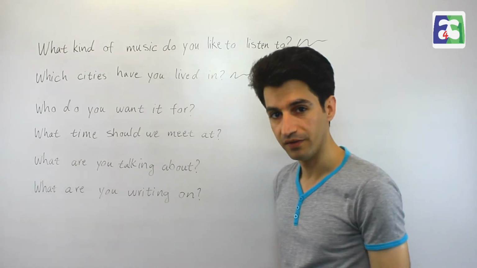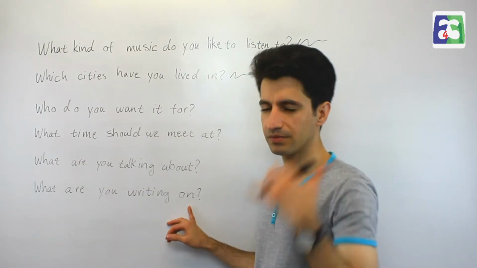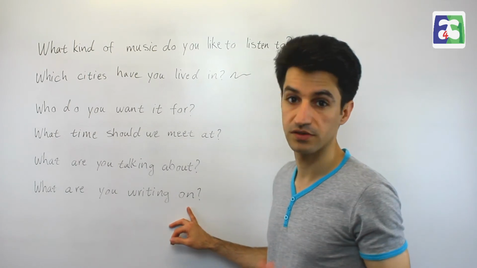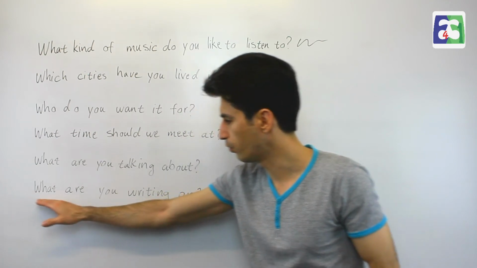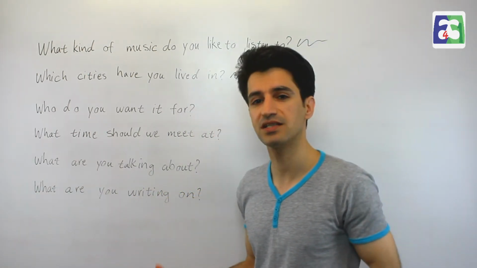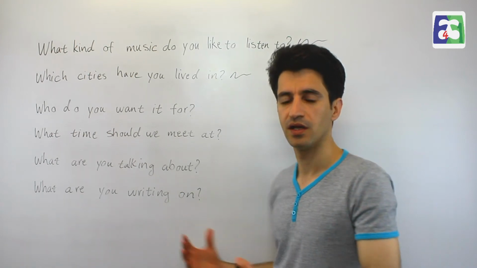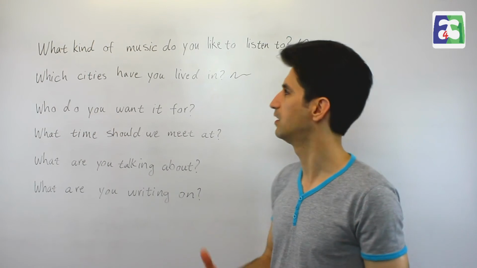Or it might make it more clear for us if we bring it to the beginning of the sentence and say, on what are you writing? If this is the case, then check it this way. Replace it and see if it makes it easier.